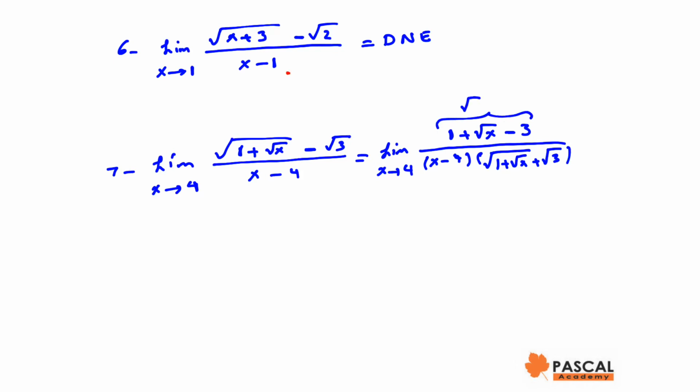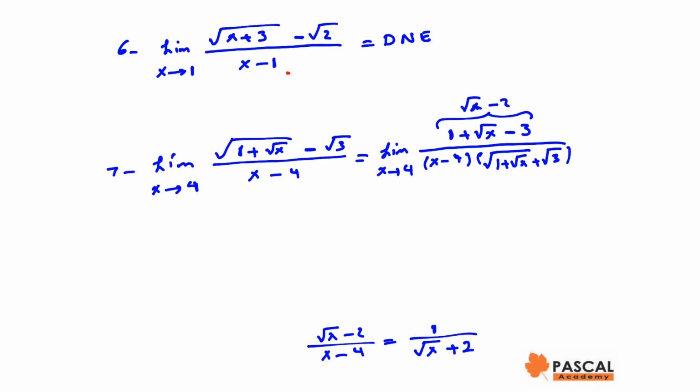The denominator is root x minus 2. Root x minus 2 divided by x minus 4 can be simplified as 1 over root x plus 2.